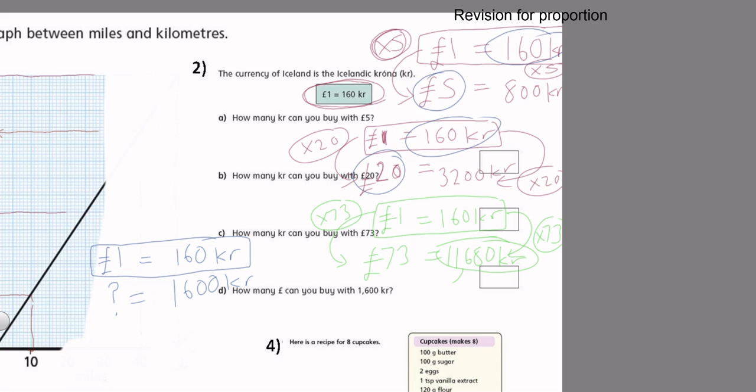For question C, we did 73 times 160. This time you do the opposite. Change your kronas back into pounds, you divide. 1,600 divided by 160 is 10. So on this side, you can put £10.